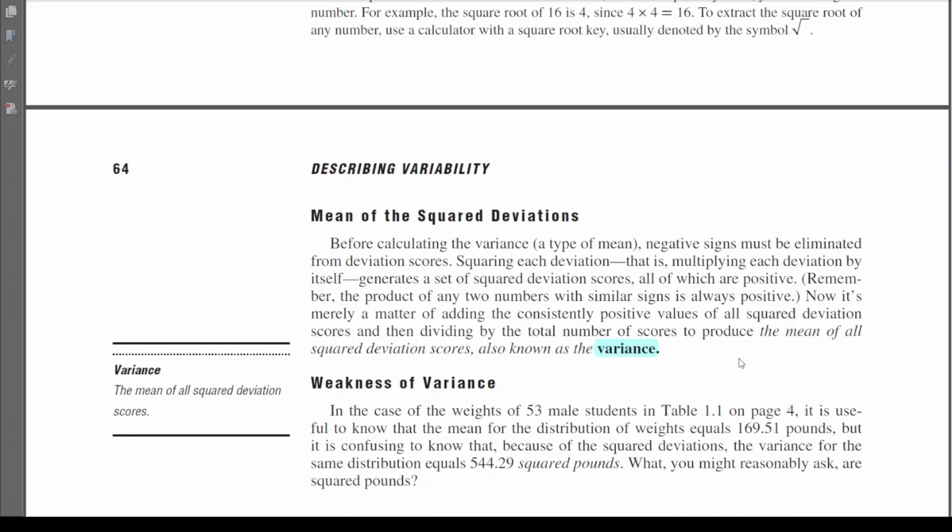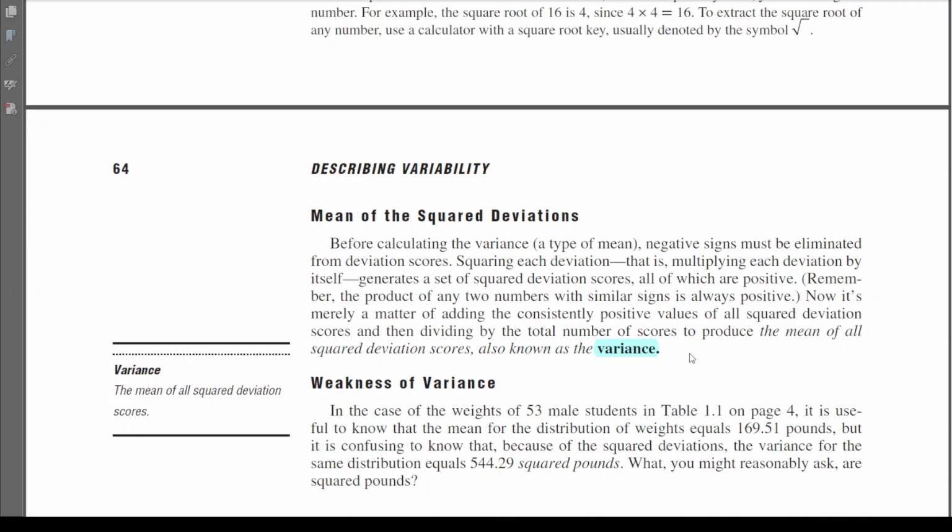Now, when we square the deviation scores, the negative signs get removed, and what we get back is a positive deviation value. Now it's merely a matter of adding the consistently positive values of all squared deviation scores and then dividing by the total number of scores to produce the mean of all squared deviation scores, also known as the variance.